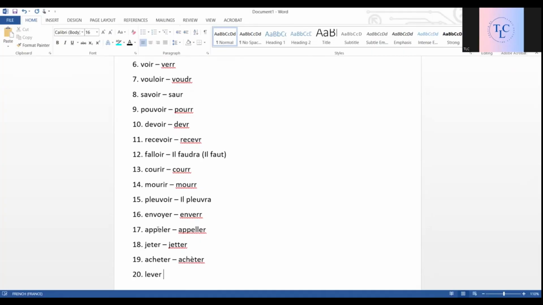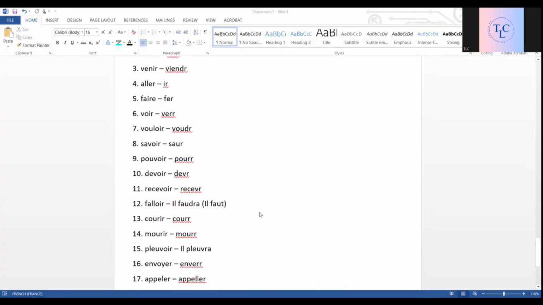Then we have lever. Those irregularities will come here as well. Yes, so this list covers the important verbs.